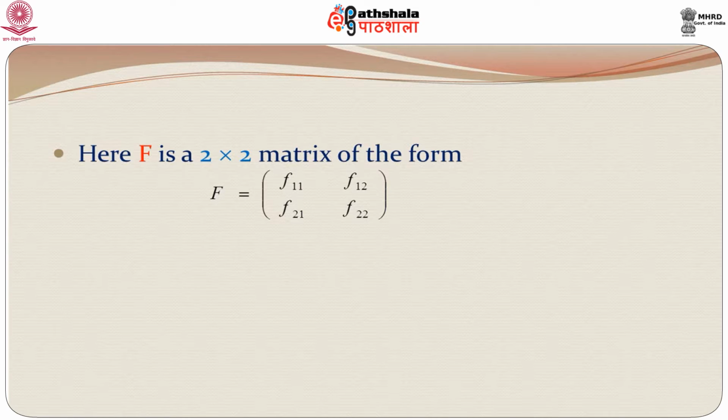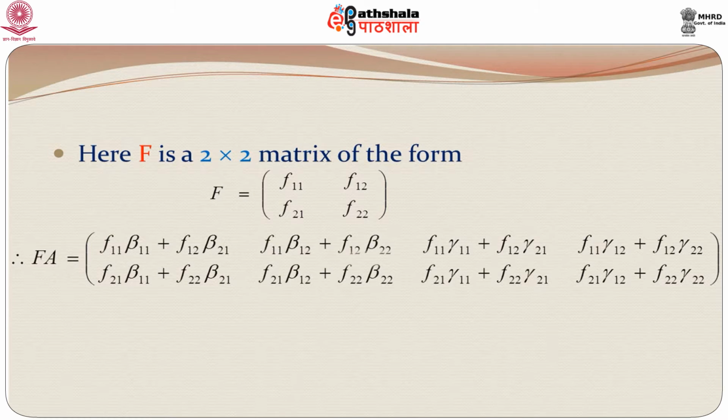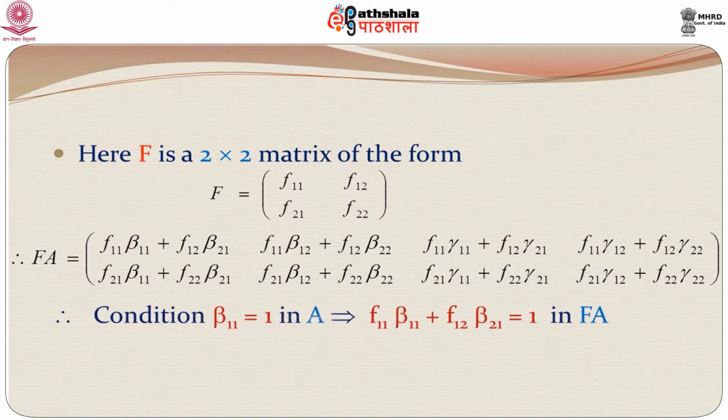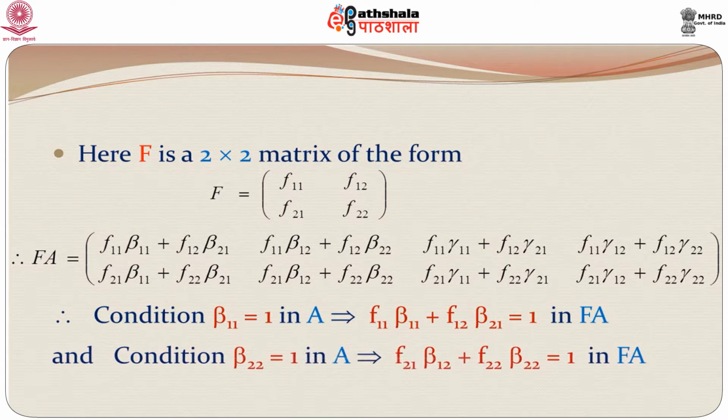So, if we pre-multiply A by F, then we get this 2 by 4 dimensional matrix with these elements. It is a little cumbersome, but these are the elements, and we will see how this simplifies. Remember, we already have two conditions. The first of the conditions is beta 1 1 is equal to 1 in A. So, these are the conditions we had on A. So, this condition of beta 1 1 equal to 1 in A translates to the same condition.